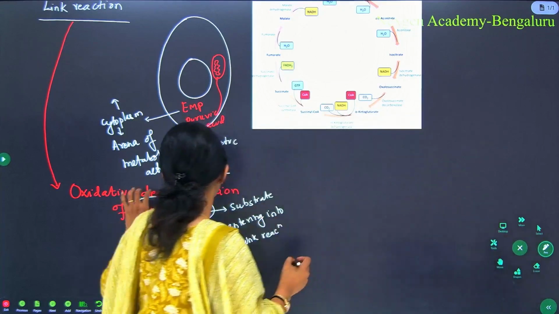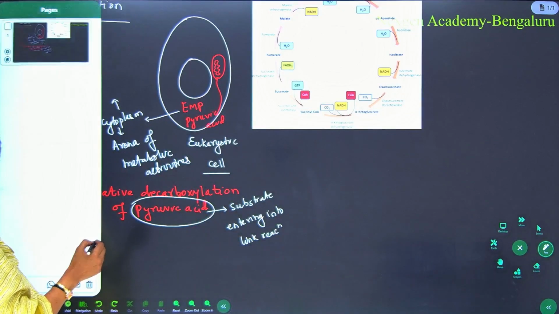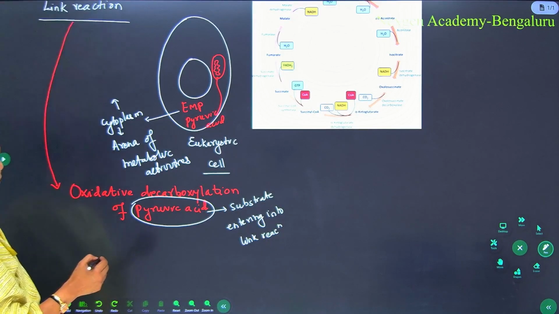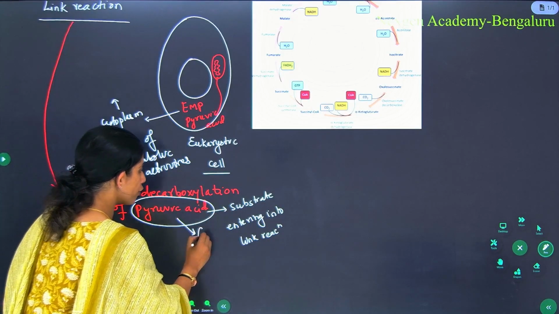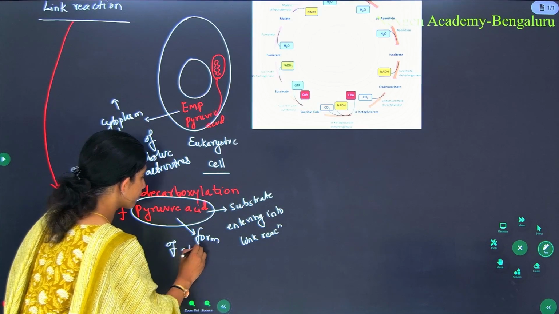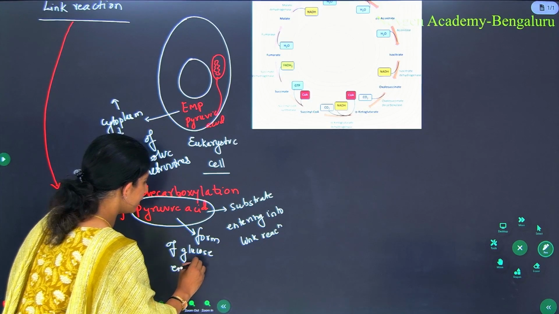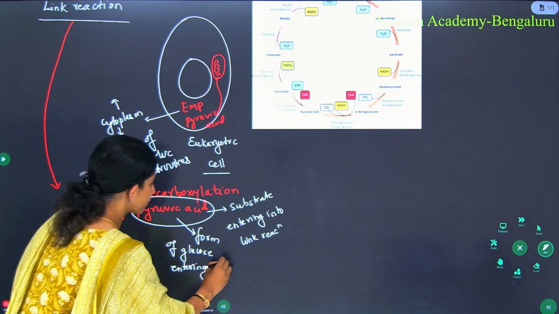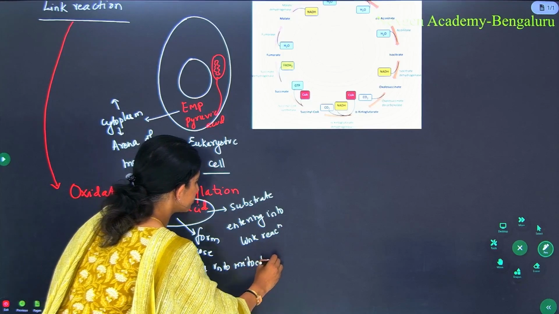Pyruvic acid also is a form of glucose which is entering into mitochondria.